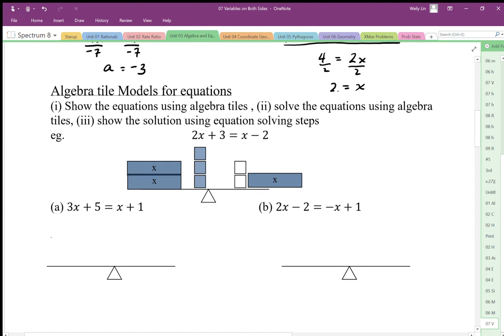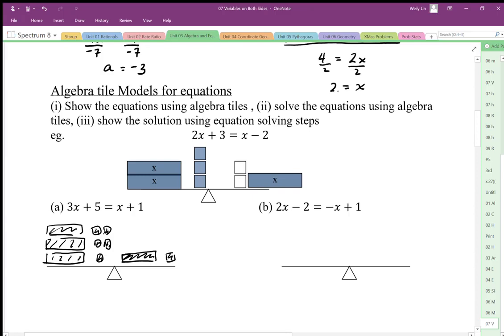So here my initial picture is going to look like this. I'm going to have 3 x's on this side. Okay, so there's my algebra tiles for x's. I'm going to have 5 1's. I'm going to have 1x on this side and 1 1.